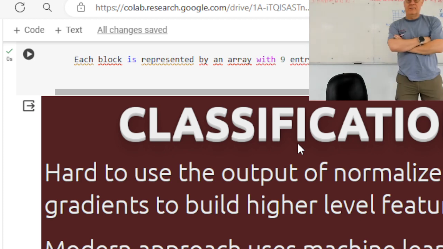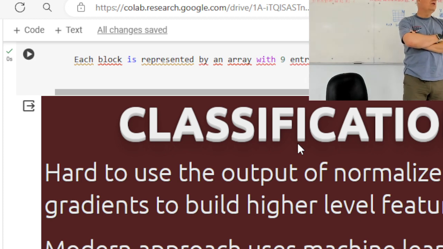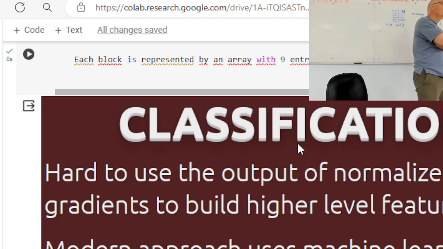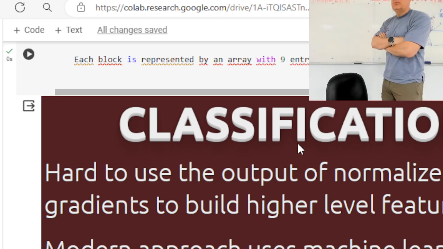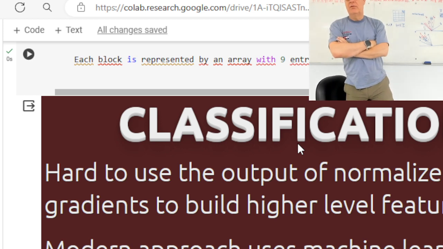So each 32 by 32 pixel area, that'd be 900 times 3, 2,700 bytes, is now represented by nine floating point numbers. So 9 times 4, 36 bytes. So it's a very strong compression that still maintains all the information that is necessary, hopefully, in order to be able to distinguish people from other things.